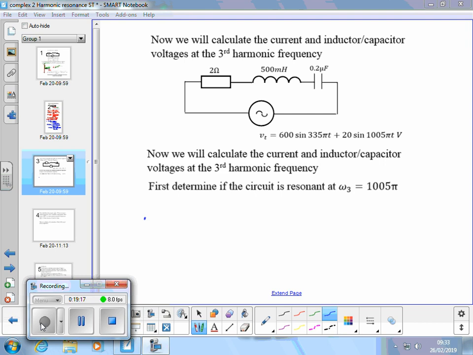Right, so where do we start with this then? And you in? So you just follow the procedure you've done for the other frequency. So what have you done?